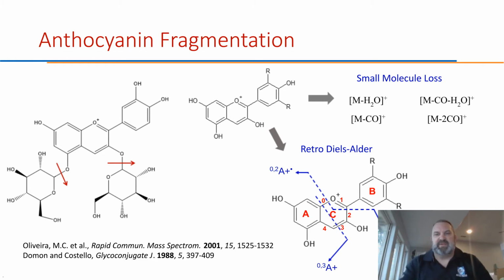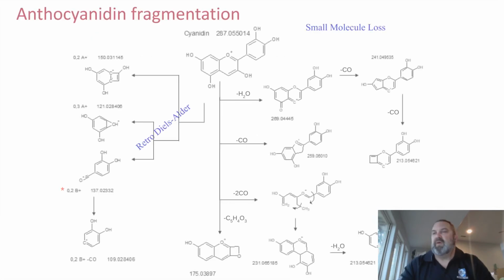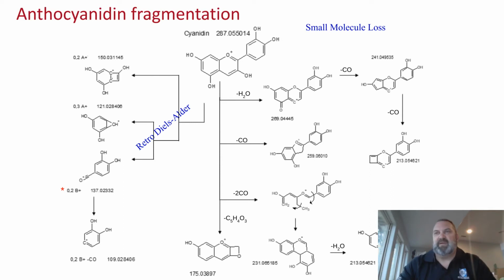So no need to go into great detail here, but just to make it look quite complex. Here for cyanidin, we're showing some of the fragments that you can generate on the left based on this retro-Diels-Alder cross-ring cleavage mechanism, or on the right based on the small molecule loss.